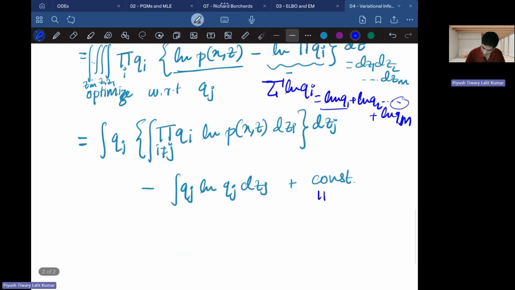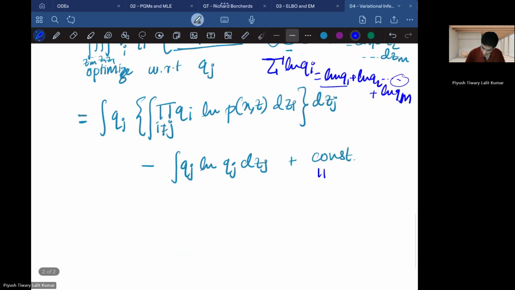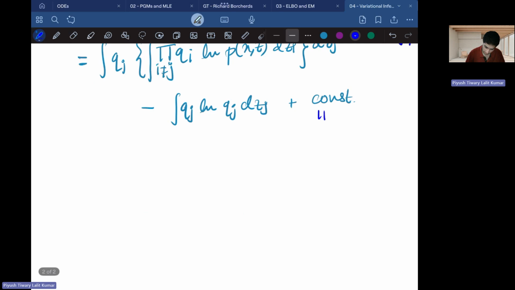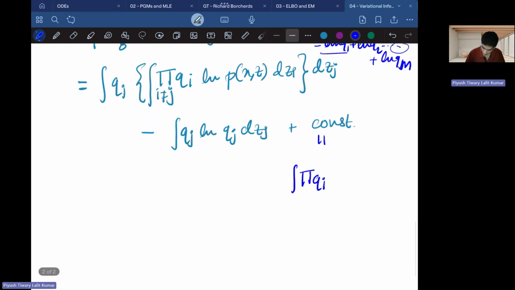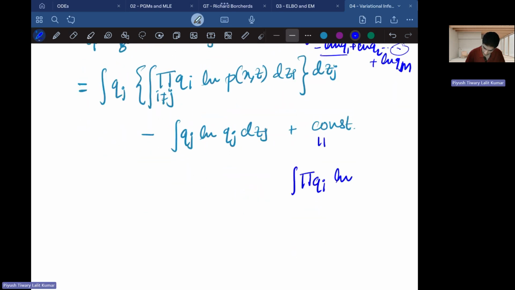It will look something like this. For example, it's the integral of product of q_i's, and there is ln q_1, let's say.